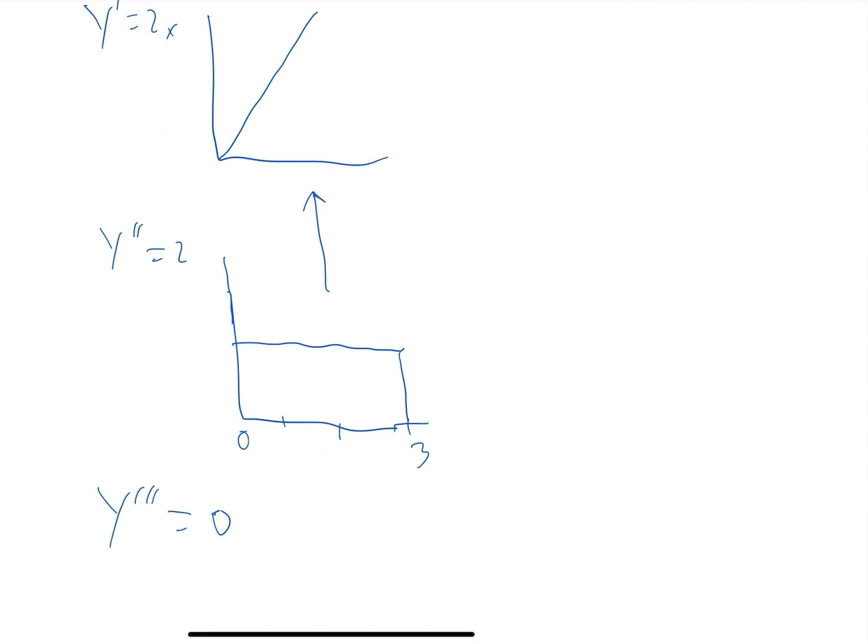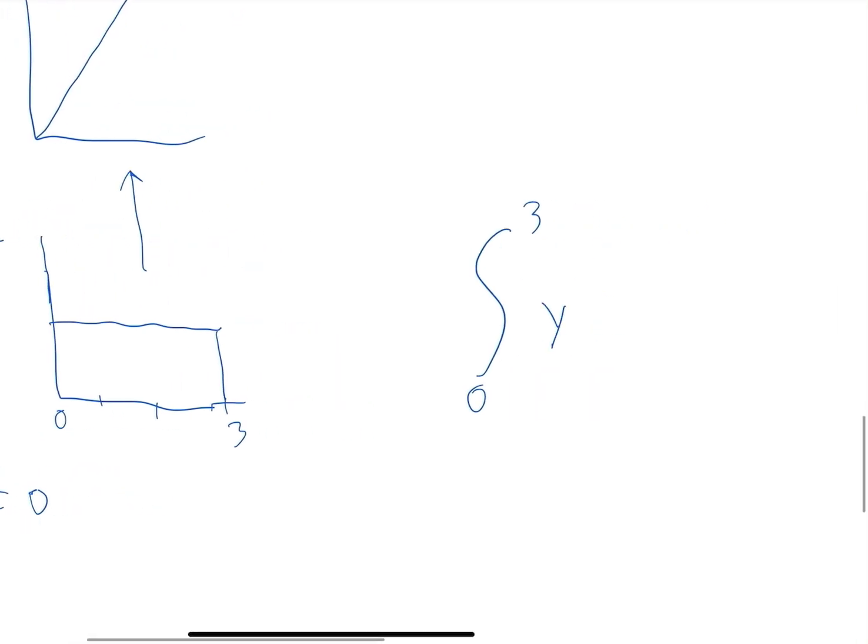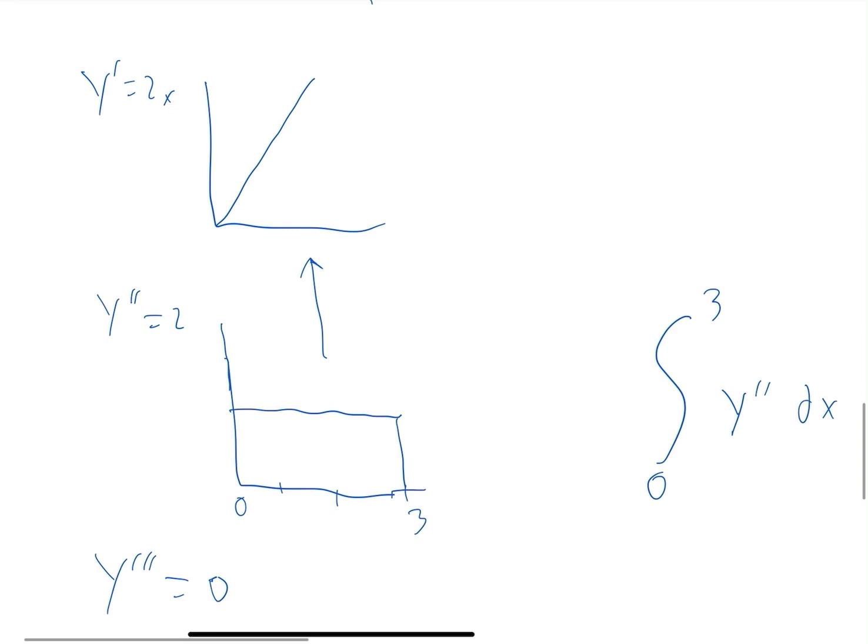The sign we use for this is a big old S. So we would say the integral from 0 to 3 of y double prime with respect to x is equal to the first derivative from 0 to 3. But we'll get into that later.